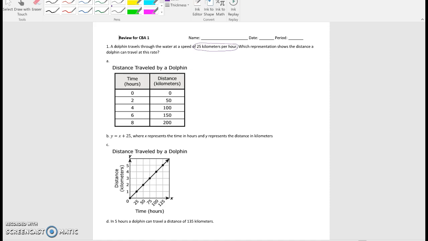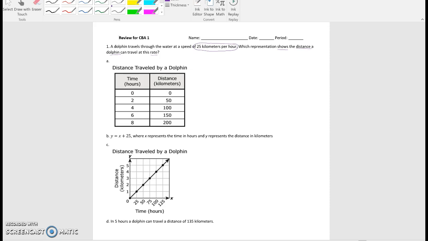Which representation shows the distance the dolphin can travel at this rate? Okay, so my rate is 25 kilometers per hour. I'm looking for either the graph, the table, or one of these words to match this situation, okay?